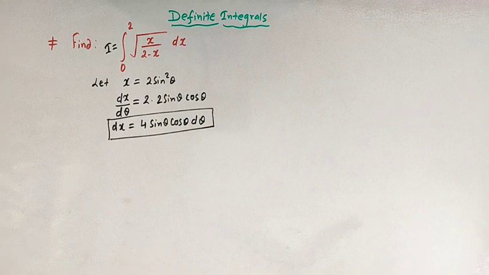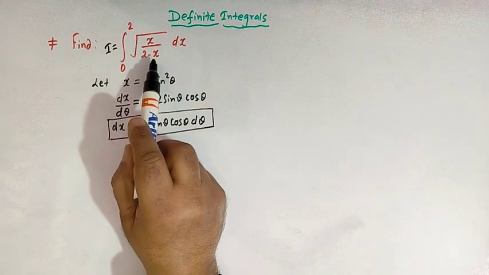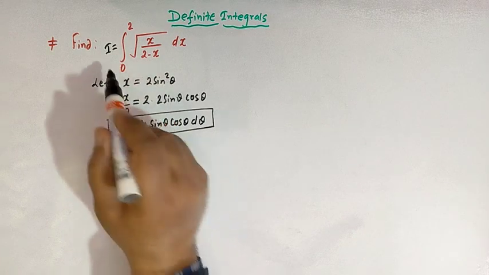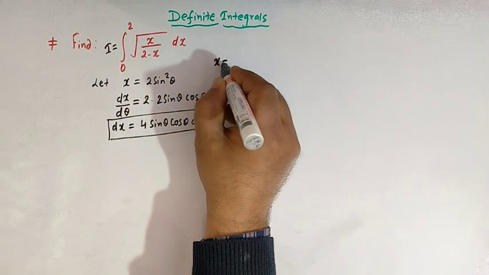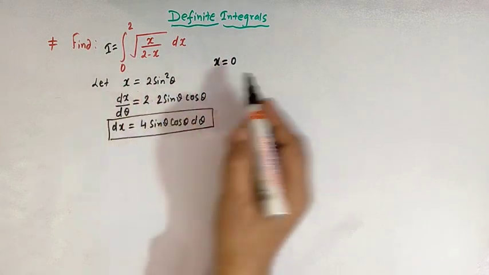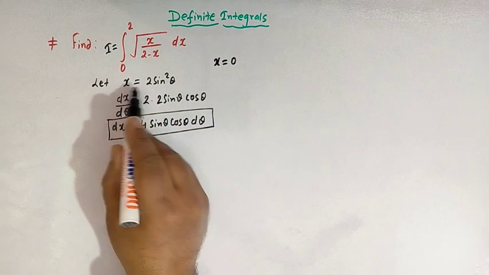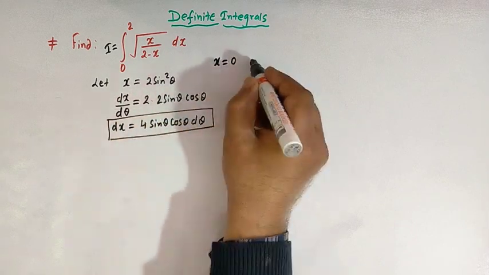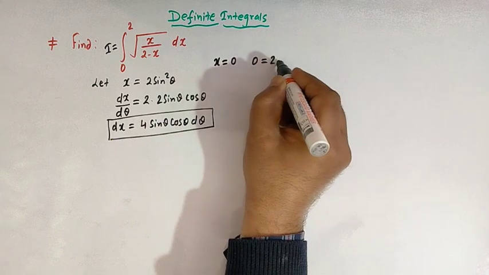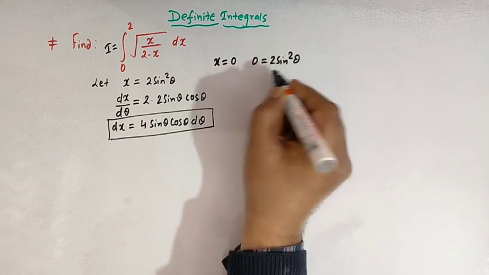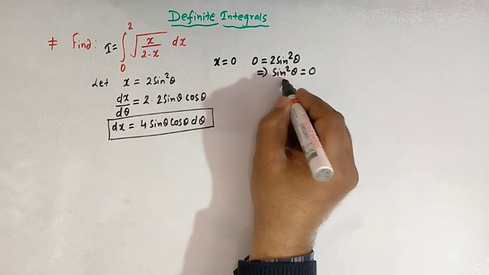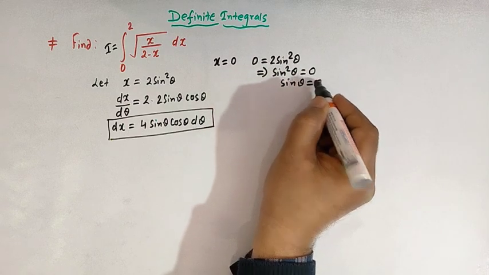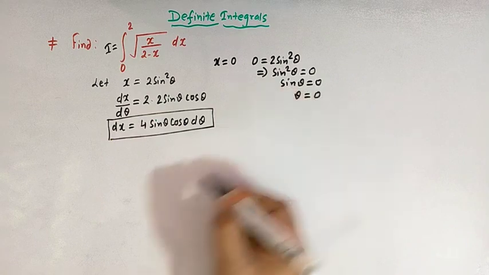Now we'll change the limits accordingly, because we are changing the variable from x to theta. Here x varies from 0 to 2. When x is 0, we take 0 is equal to 2 sine square theta. This implies that sine square theta is equal to 0, that is sine theta is 0, so theta is equal to 0.